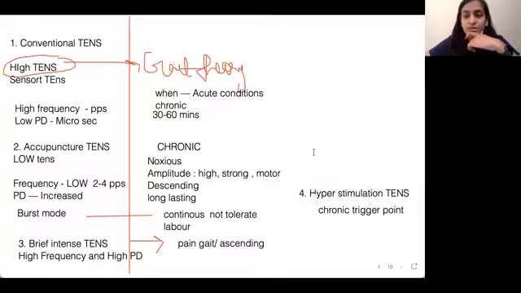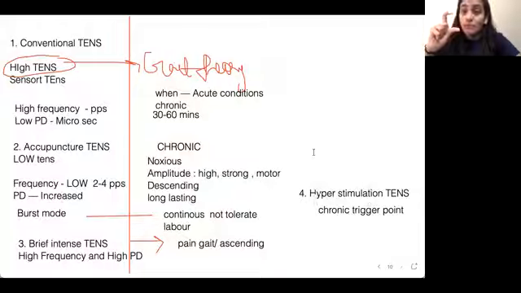Then what do you reduce? Again, pulse duration. Like I told you, pulse duration is the width of the current. If the width is more, your contraction is going to be stronger. If your width is less, the contraction is going to be weaker.